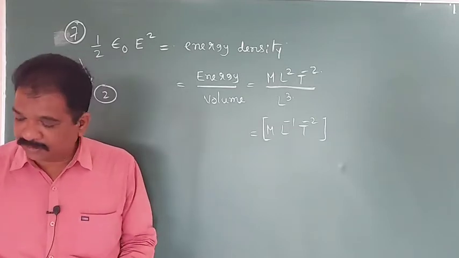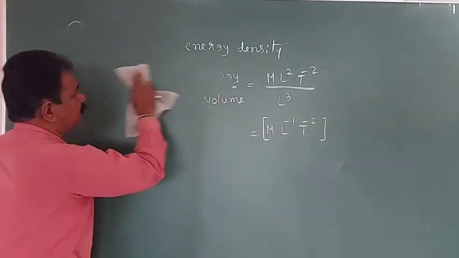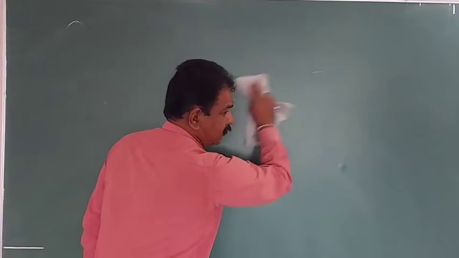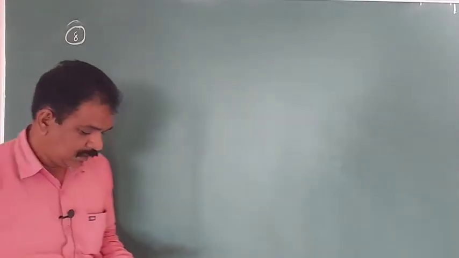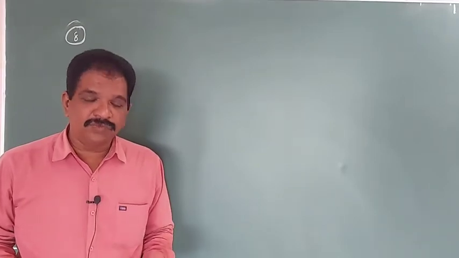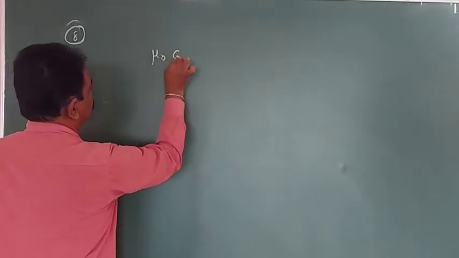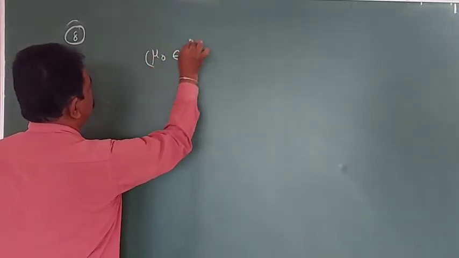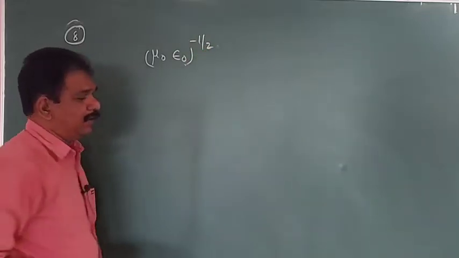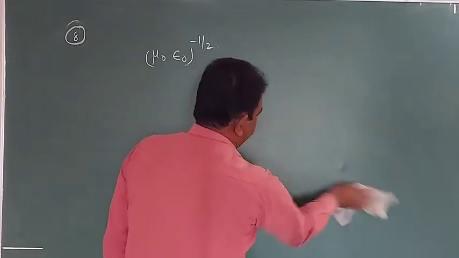Next, the 8th question. What they are asking is the dimensions of mu naught epsilon naught power minus 1 by 2. This is a simple question.